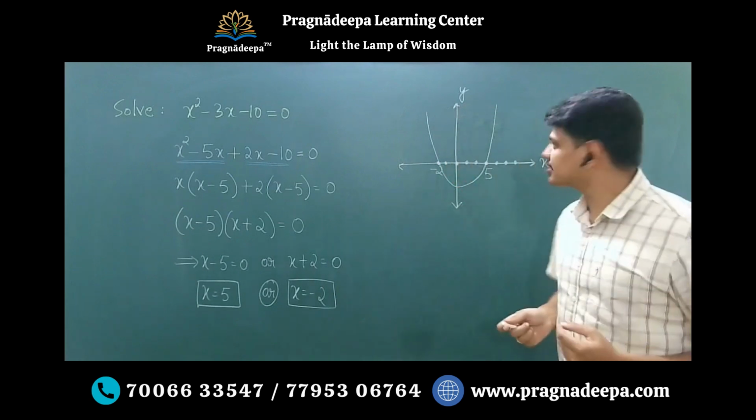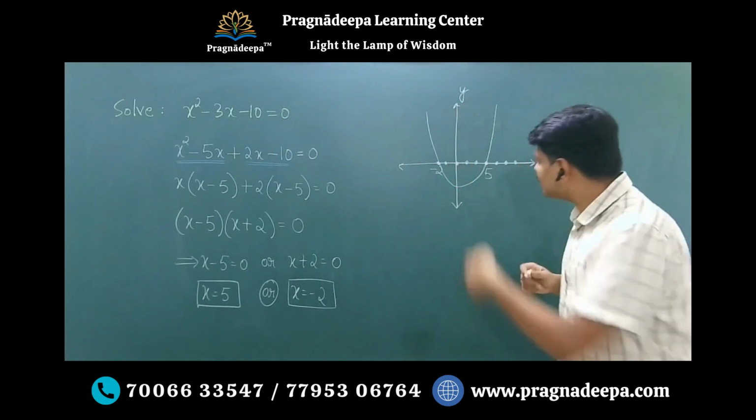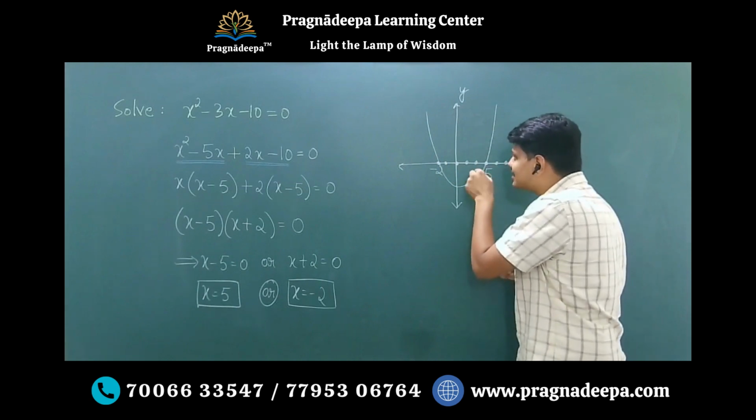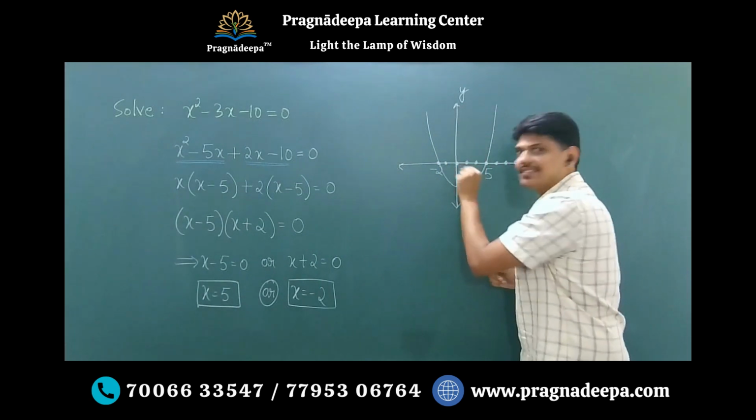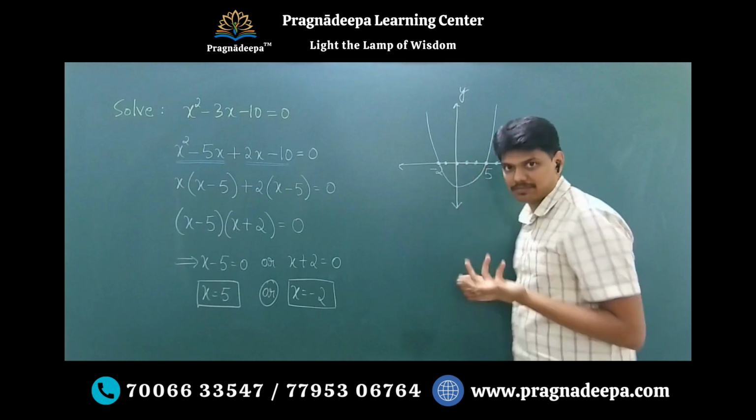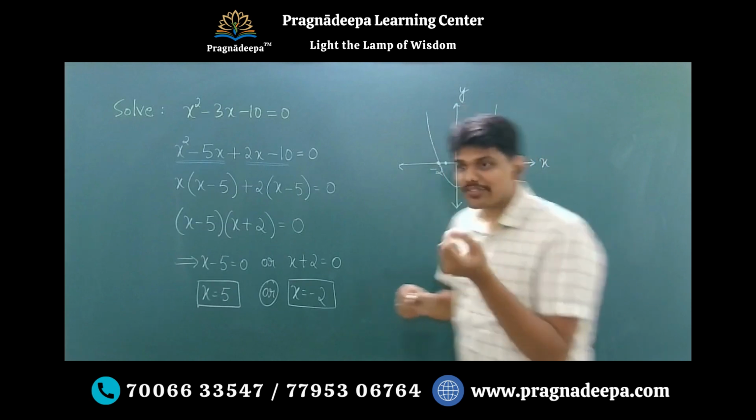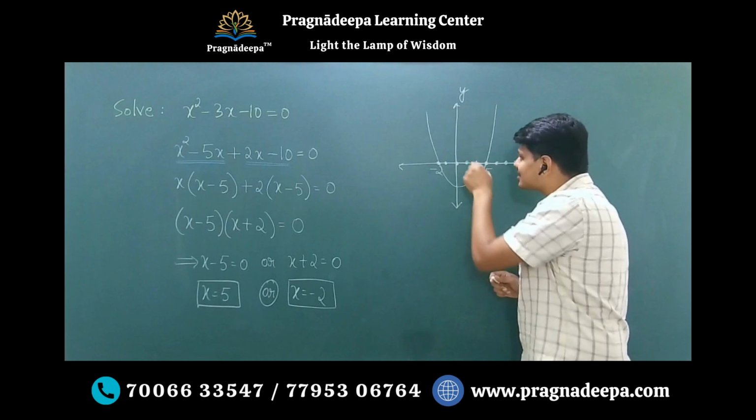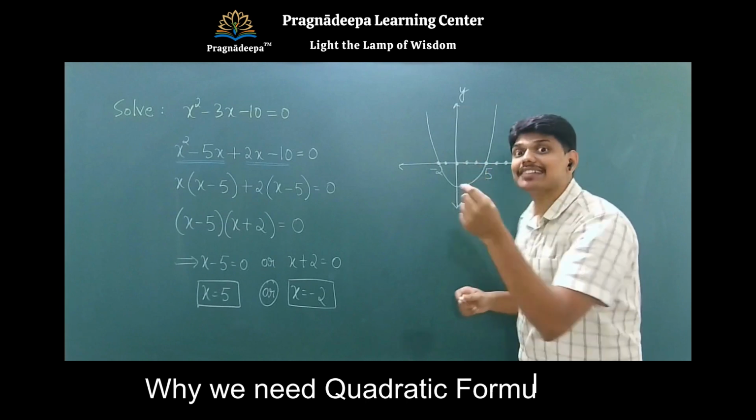Now let us provoke a thought process. What if this parabola intersects the x-axis at an irrational number? What if this parabola intersects the x-axis at a rational number point?